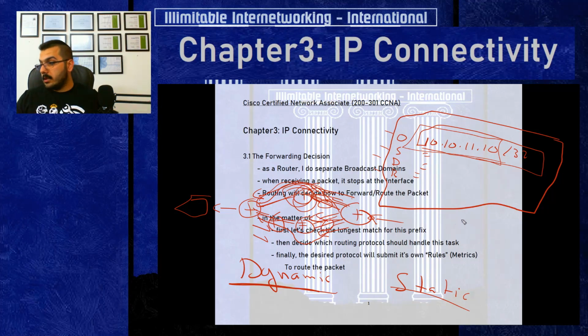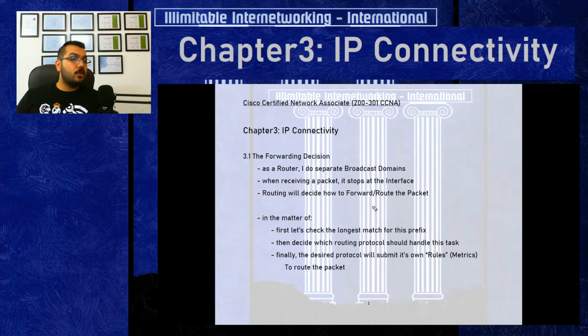and let the router, using the routing protocol, decide from which path the packet should be routed. Okay, so what decides which routing protocol will win from all these available routing protocols, that can all give me a service and route my packet, is something called the administrative distance, also known as the AD.